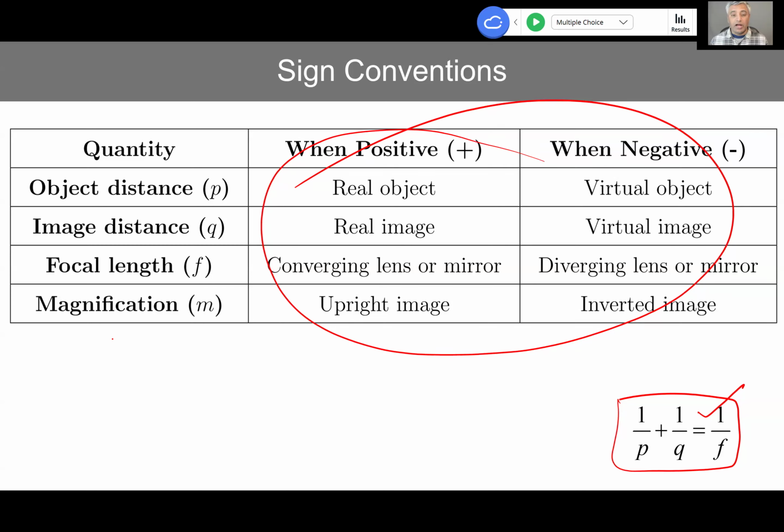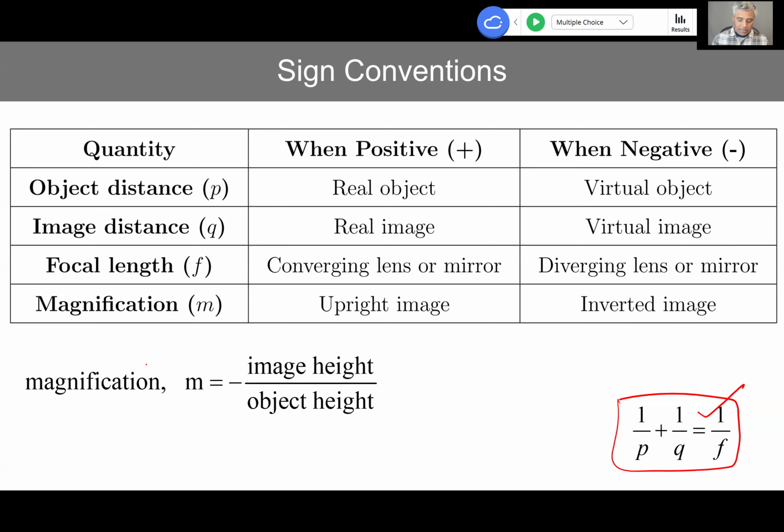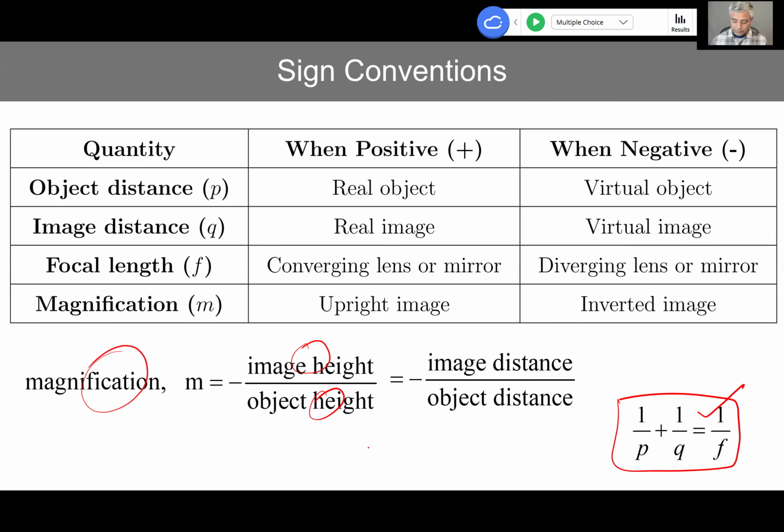There are quite a few problems done in the notes for mirrors and lenses. You want to take a look at how they are used and how they are calculated. And magnification is defined in terms of height or distance.